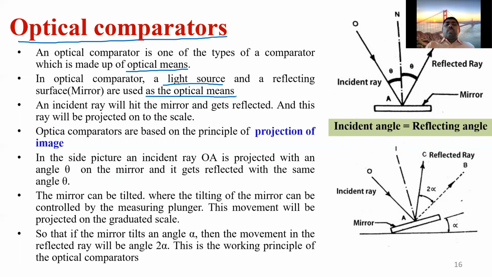In this figure, you can see the incident ray will hit the mirror at an angle theta with the normal and gets reflected with the same angle theta with the normal. So the optical comparators are based on the principle of projection of the image.